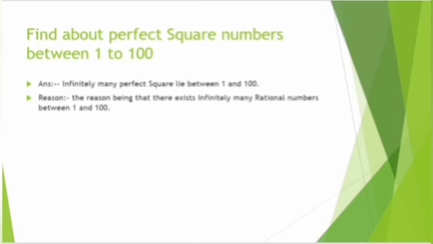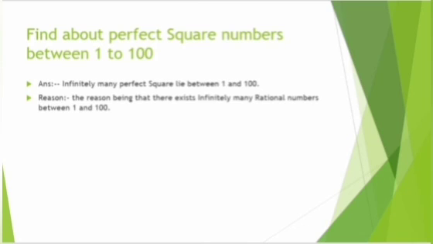So the square of any rational number would give me another rational number that lies between. So it is difficult to identify the rational numbers which can be squared there. So the answer is infinitely many. Infinitely many perfect squares lie between 1 to 100.